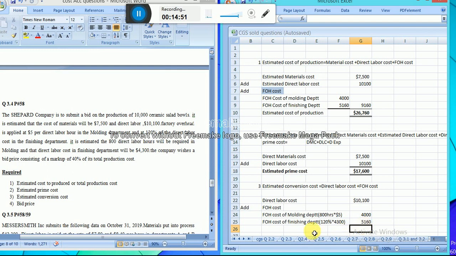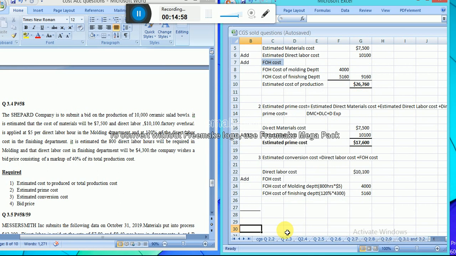So now for the estimated conversion cost, we found the factory overhead cost. Direct labor cost is already given, 10,100, and the factory overhead cost of the molding department is 4,000, and of the finishing department is 5,160.